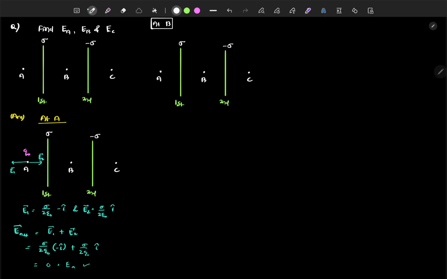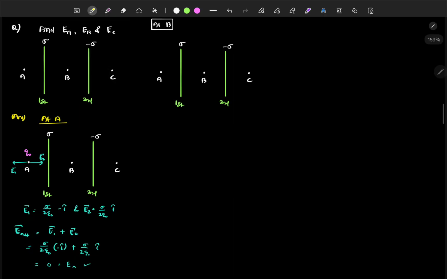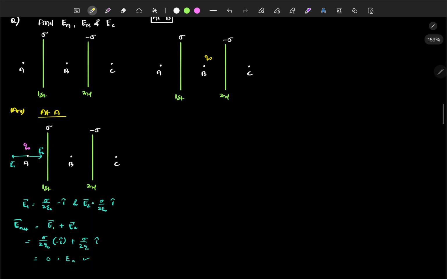At B, find the net intensity. Place a Q naught charge at point B. The first plate is a positive charge plate, so it repels Q naught, E1 vector. The second plate is negative, so it attracts Q naught, E2 vector.